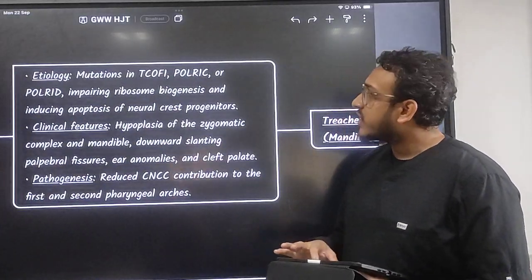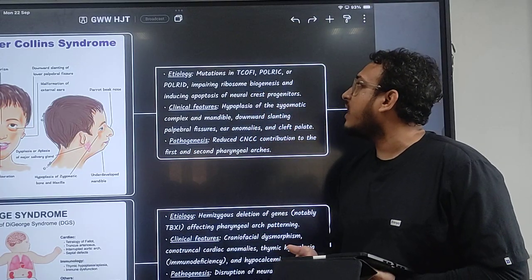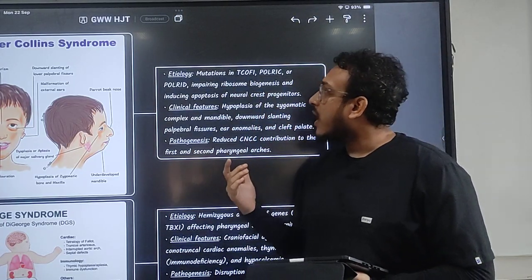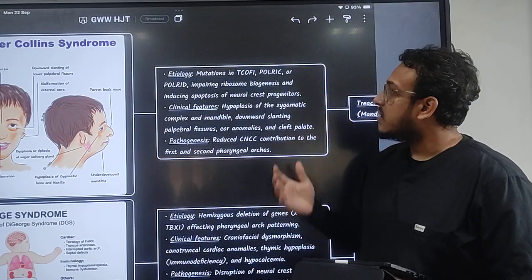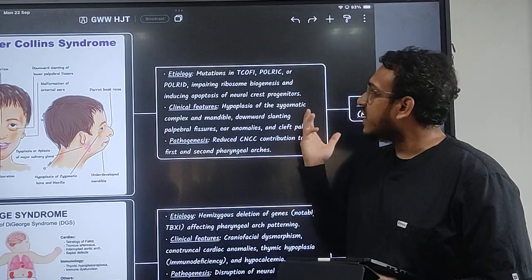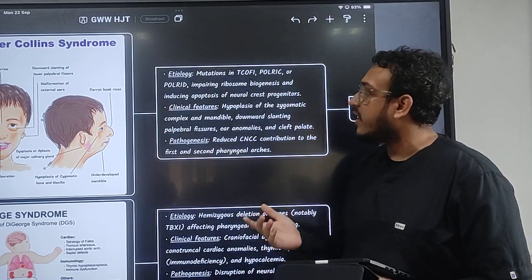The etiology is mutations in the TCOF1 gene, impairing ribosome biogenesis and inducing apoptosis of neural crest cell progenitors.